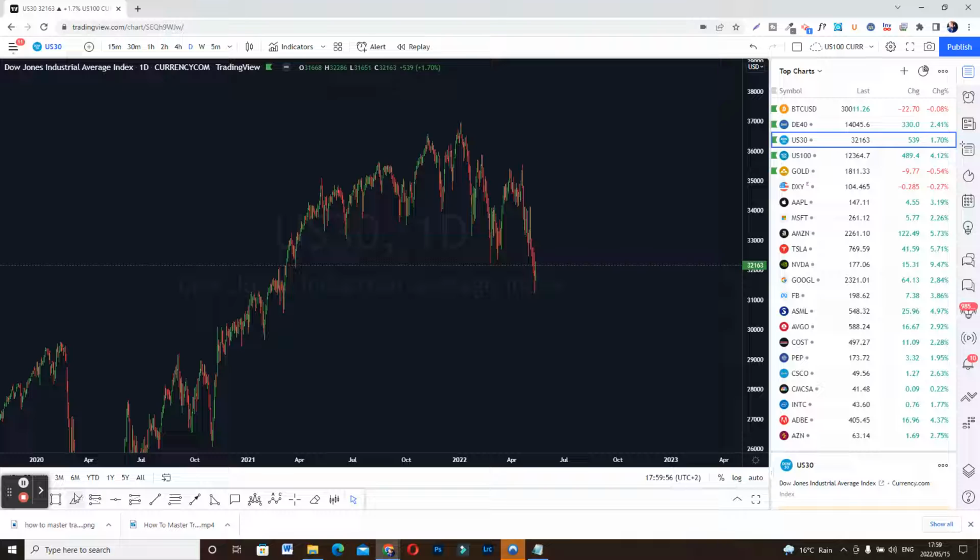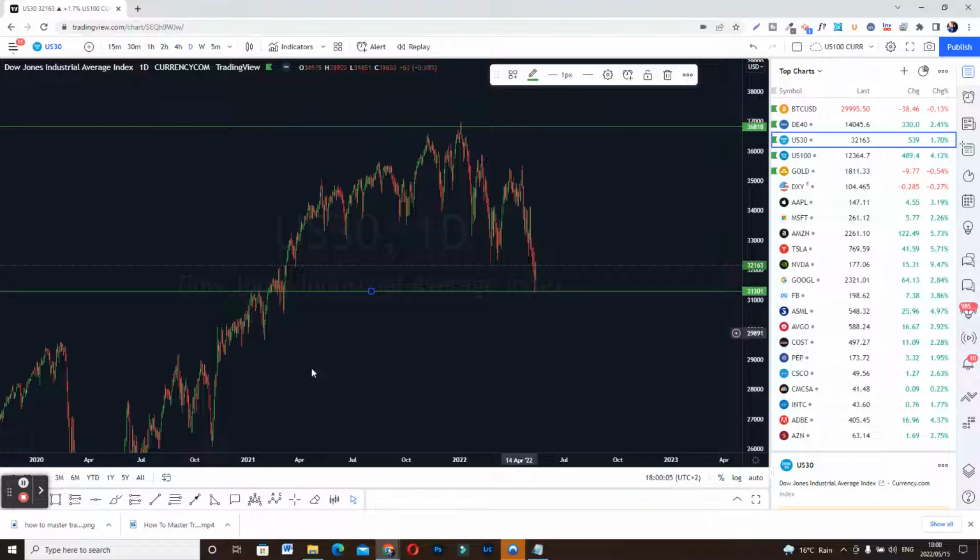We have our high here and our low at this point, and we can have our trend lines drawn like this. I'll just zoom in a bit so you can all see.